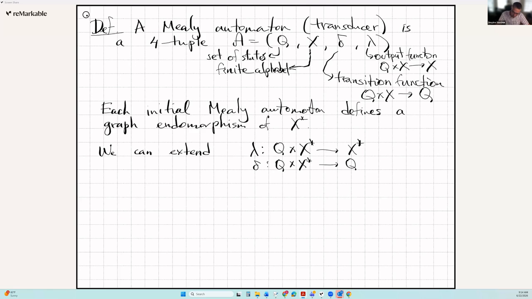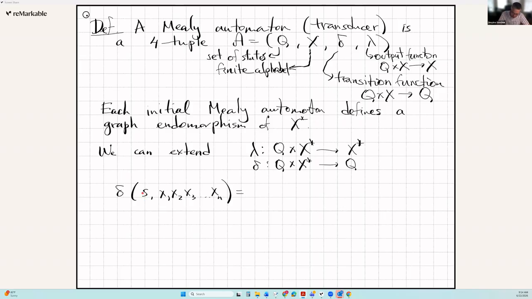In what way? In the most natural way. If you have, for example, delta, you were in state s and you read x1, x2, x3, and so on, xn. You define it recursively, just the procedure that I described. Let's draw a picture.